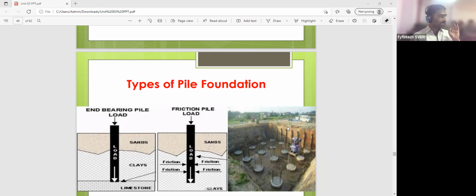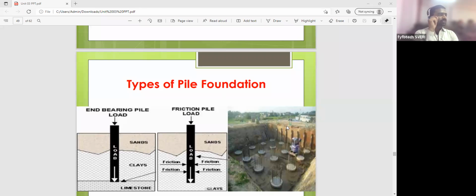If the soil is red soil or a hard soil, then we can go for the shallow foundation. What is the shape of the pile foundation? Circular only. In shallow foundation, you may get rectangular, square or trapezoidal, or isolated stepped footing. But in the pile foundation, you will get the circular footing.